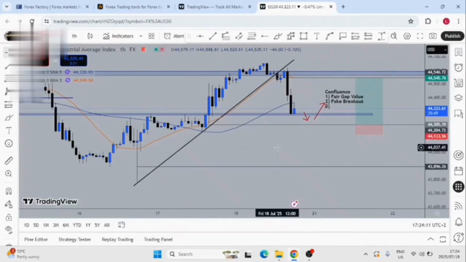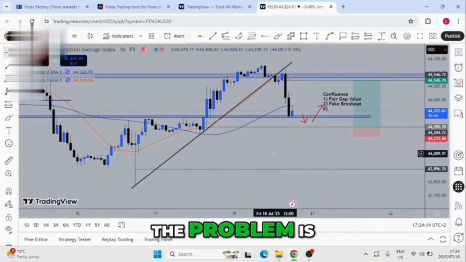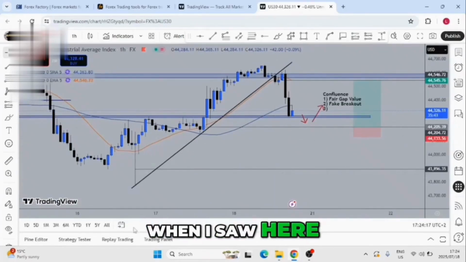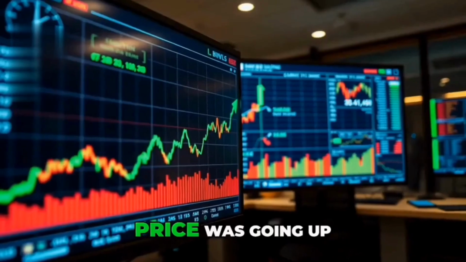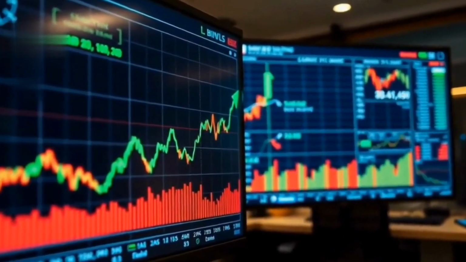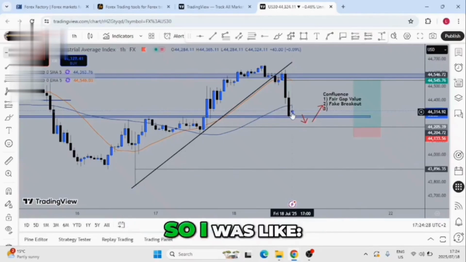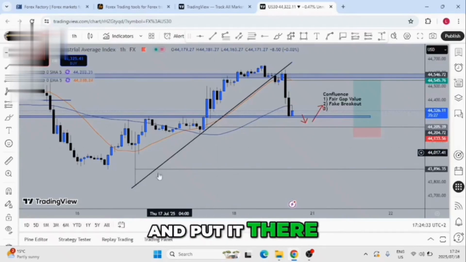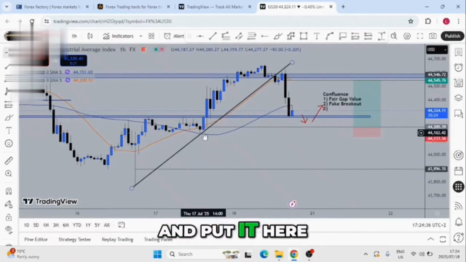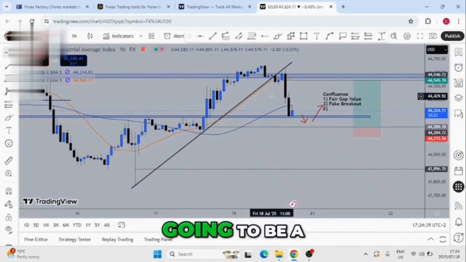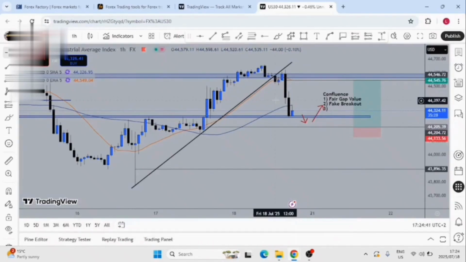But there is a problem. The problem is when I saw here, price was going up, right? And then I saw price going up and then going down. So I was like, you know what? Let me take a bearish trend line and put it there, put it here, and put it here, and see whether there's going to be 3 touches in order to see whether price broke the bullish trend line.